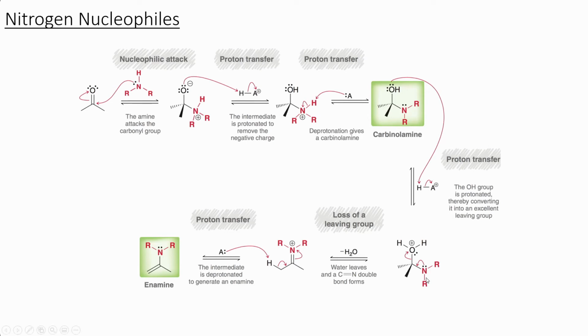Then we have another proton transfer and loss of the leaving group, and that gets us to this intermediate. So in the primary amine stage here, we had a proton where this R group was, and we deprotonated. But in the case of a secondary amine, we no longer have a proton there, so the proton transfer step from the base is actually going to be on the alpha proton, and that will form the enamine.